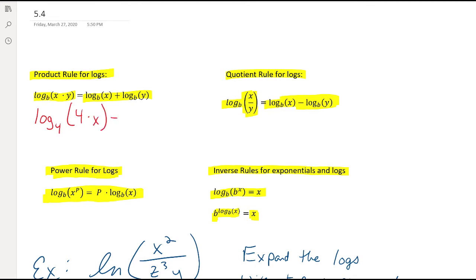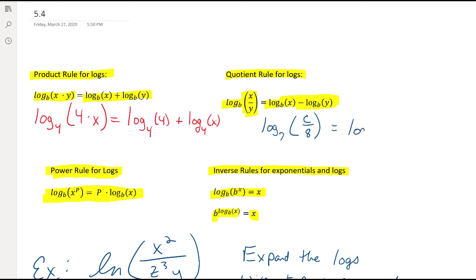What this means is I can break this up into the log base 4 of 4 plus log base 4 of x. Okay? That's what that product rule is telling you. In a similar fashion, the quotient rule is telling you, what if we had log base 7 of, let's say, c over 8?